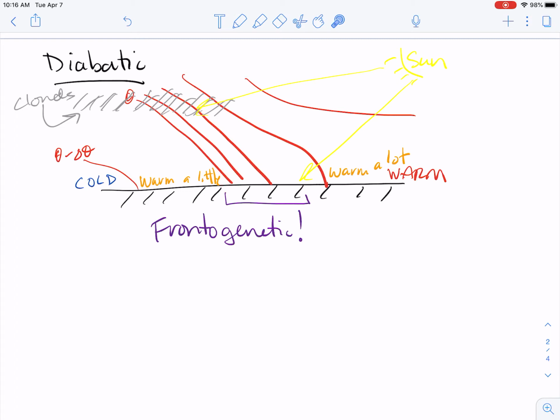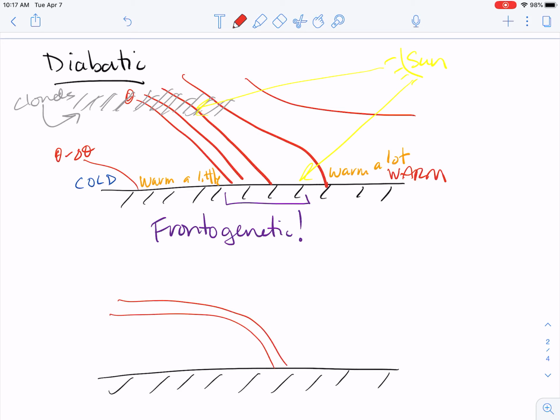Again, we could change where the clouds were, and that could also change the impact of where we're going to have frontogenic or frontolytic. And so let's go ahead and draw out that scenario of changing where our clouds might be. So again, here we have our frontal zone, increased static stability. But now we're going to place our clouds over the warm sector.